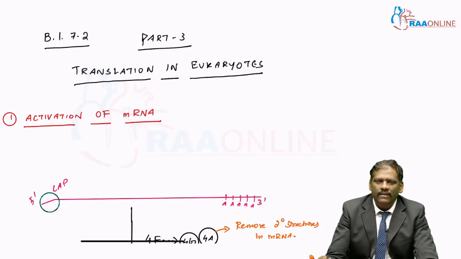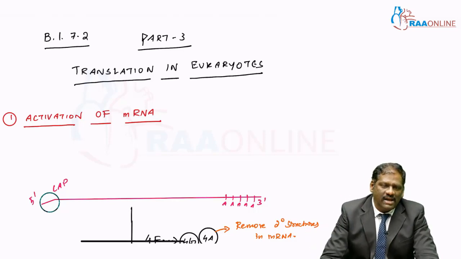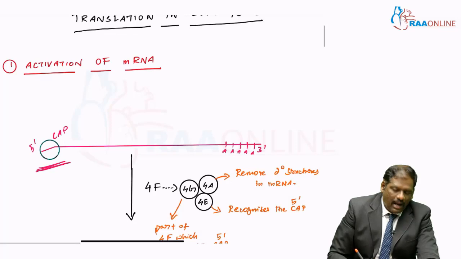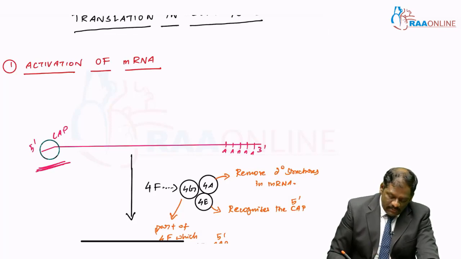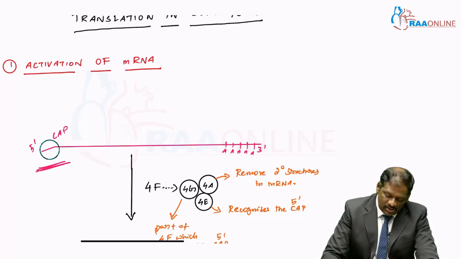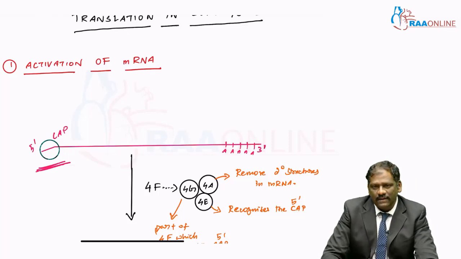The attachment of a 5' 7-methyl guanylyl cap. So this is the cap which has got attached at the 5' position. Then we have multiple adenine additions, the poly A tail, at the 3' region. So what is the function of these two?